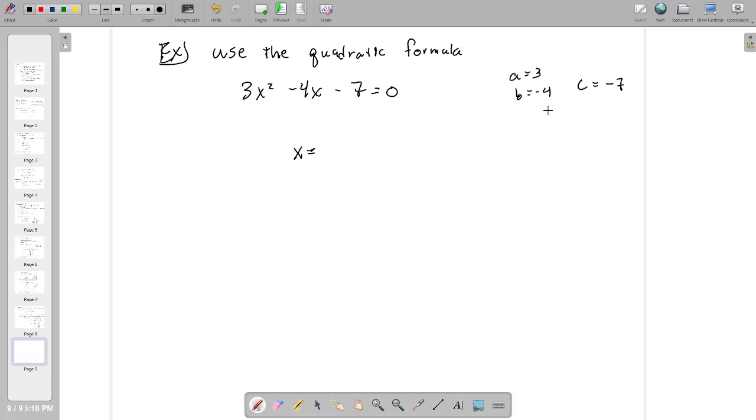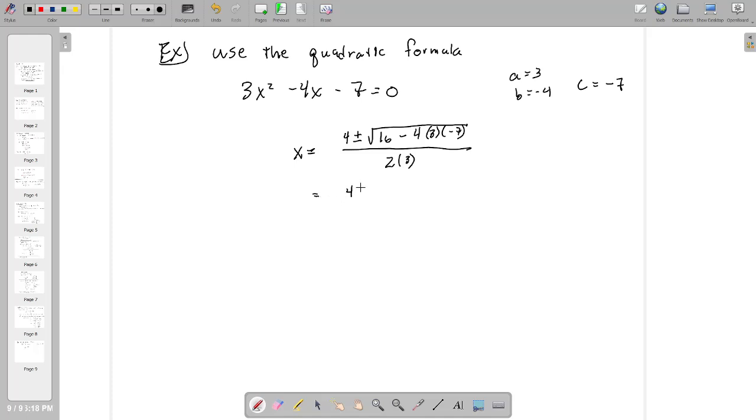So our b is already negative, so we'll end up with a positive 4 plus or minus the square root of b squared, 16, minus 4 times a times c. So 4 times 3 times negative 7. Let me write that out first, and then we'll do the multiplication. All divided by 2 times a.